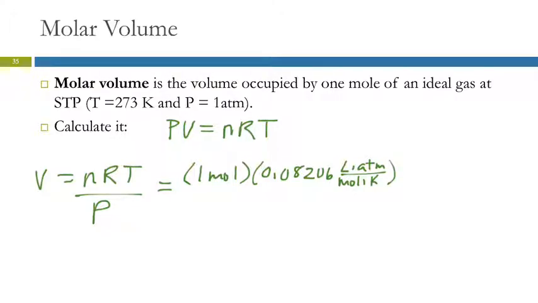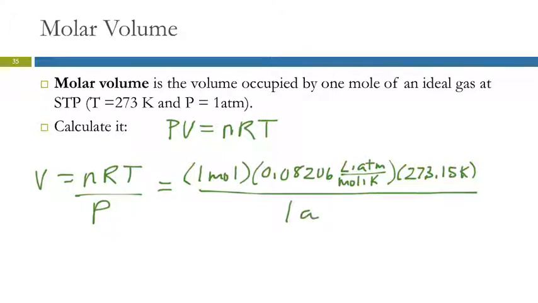What's the temperature at STP? 273. I'm going to do 273.15 Kelvin. And the pressure at STP? Exactly 1 atmosphere.